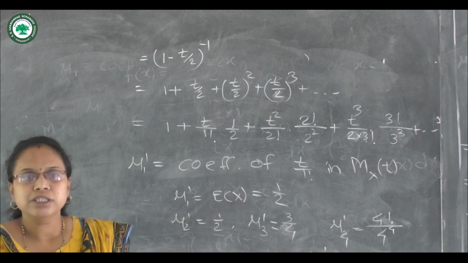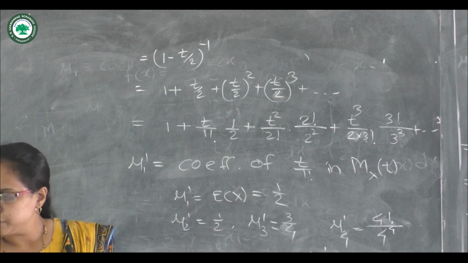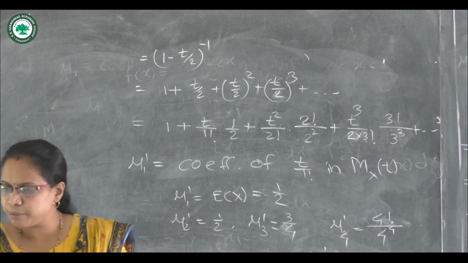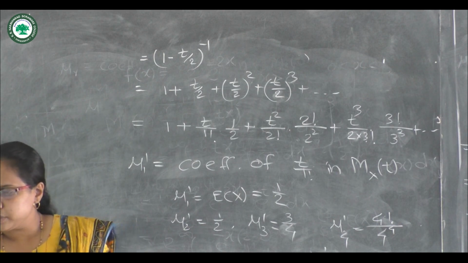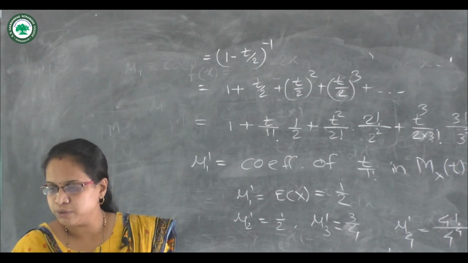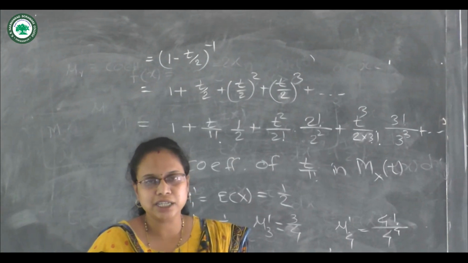I will give you the central moments: mu 1 is 0, mu 2 is 1 upon 4, mu 3 is 1 upon 4, and mu 4 is 9 upon 16.